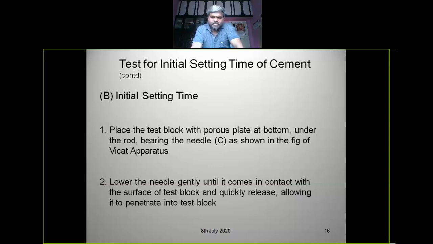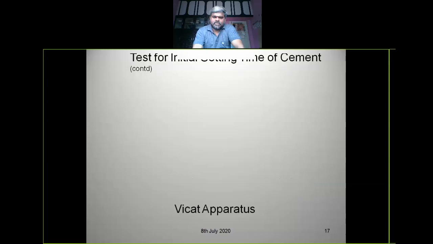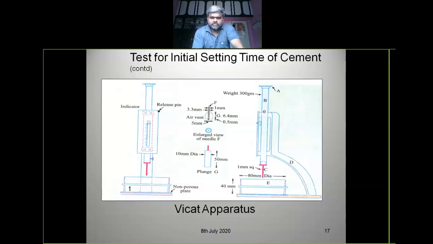Lower the needle gently until it comes in contact with the surface of the test block, and quickly release, allowing it to penetrate into the test block. See, this is the G needle, this is the F needle, this is the C needle, right?